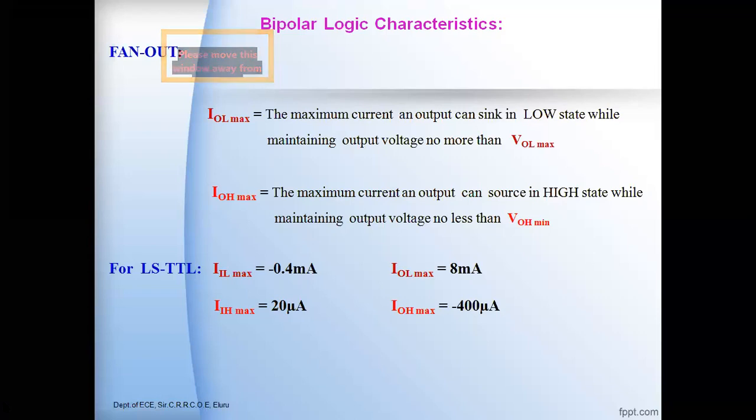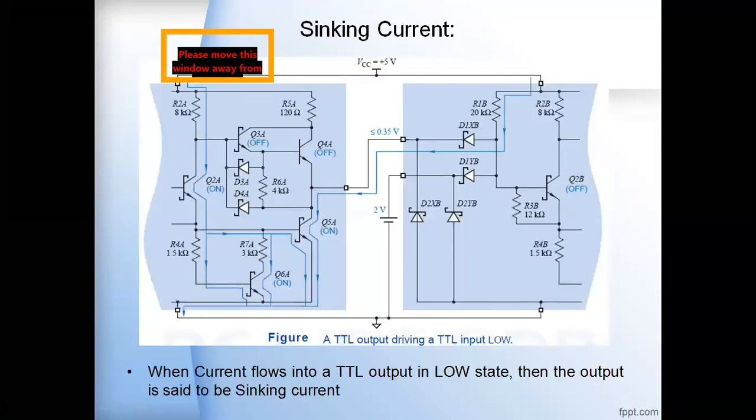So how do we understand these four current parameters with respect to DC fan out? We will try to understand what a sourcing current and a sinking current are. For this, we will consider two cases. The first case is when a TTL input is driven low by the output of another TTL gate.